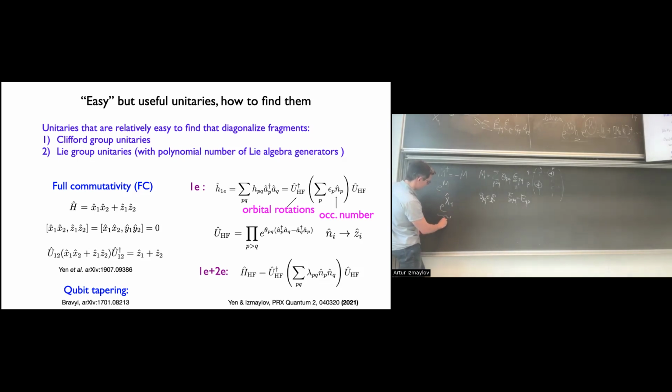So this is the unitary group element, orbital rotations operators, multiplied by another generator. And if we multiply one unitary by another unitary operator, we still have a unitary, and that unitary generally can be written like this.